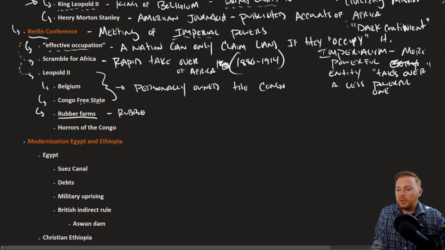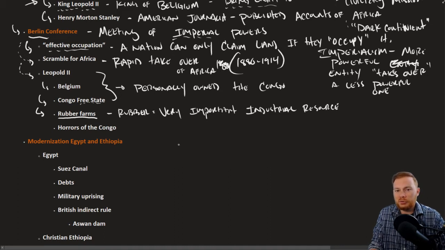Rubber was a very important industrial resource. There were a lot of resources following the Industrial Revolution that now had a new importance, and rubber was one of them. If you're not familiar, rubber grows on trees. And so planting the trees and then harvesting the rubber was what would be required.